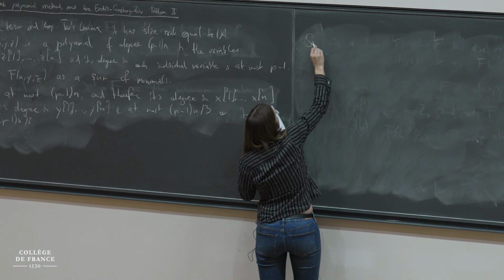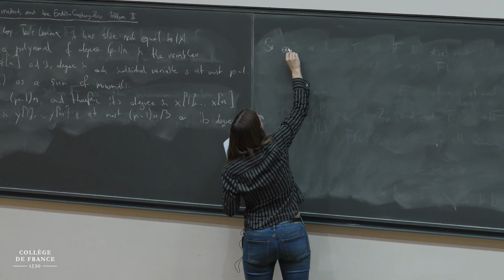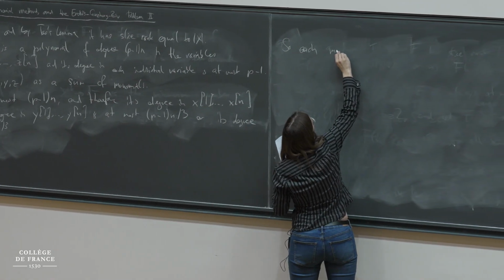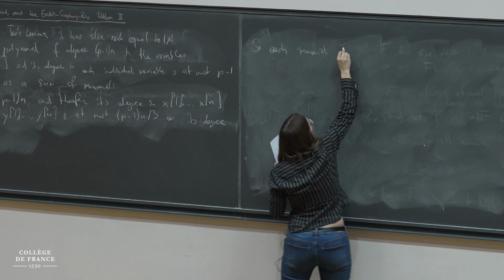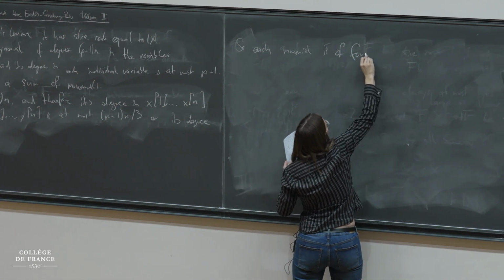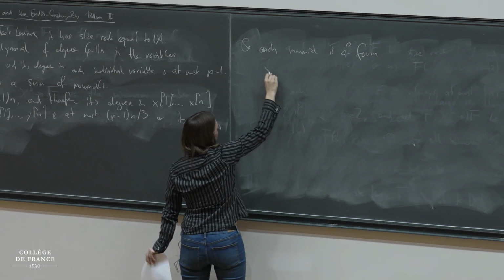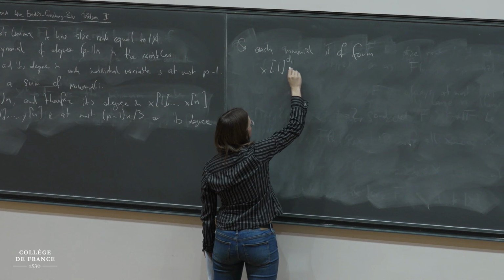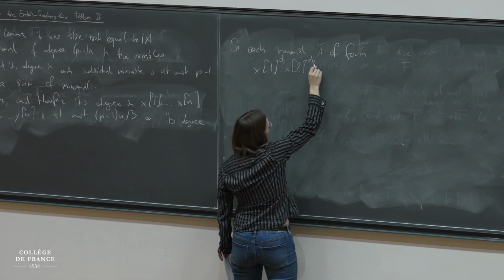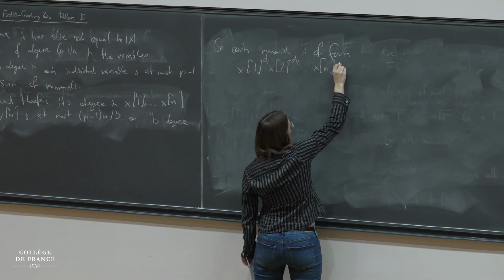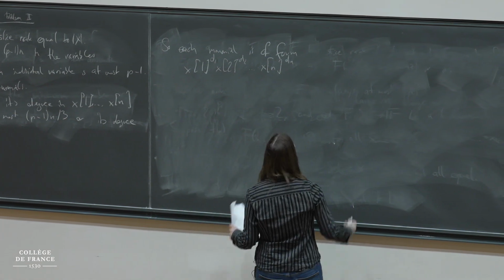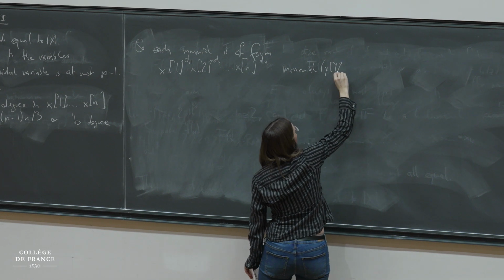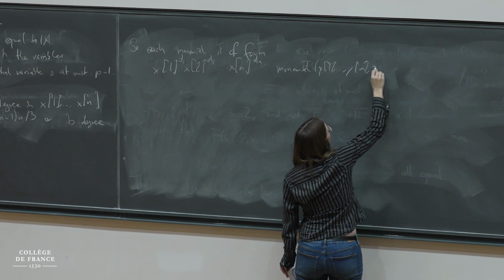Okay, and so that means, in other words, we can write each of those monomials in one of the following forms. So each monomial occurring in the representation of f of x, y, z is of at least one of the three following forms. One form is x1 to the d1 times x2 to the d2 times and so on times xn to the dn times some monomial in the remaining variables, so y and z.